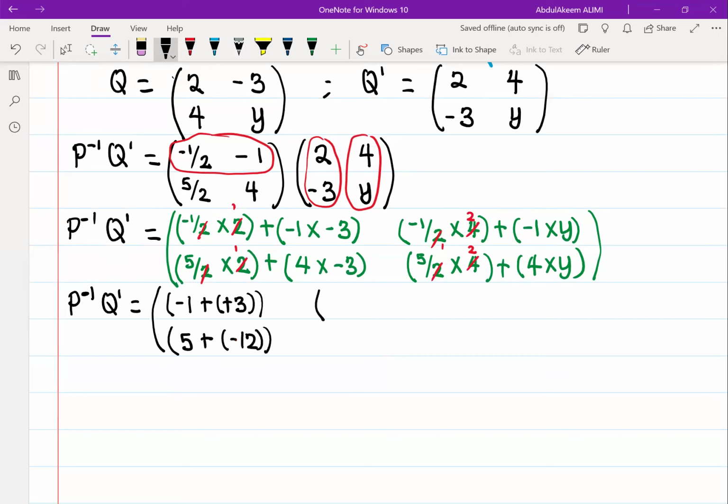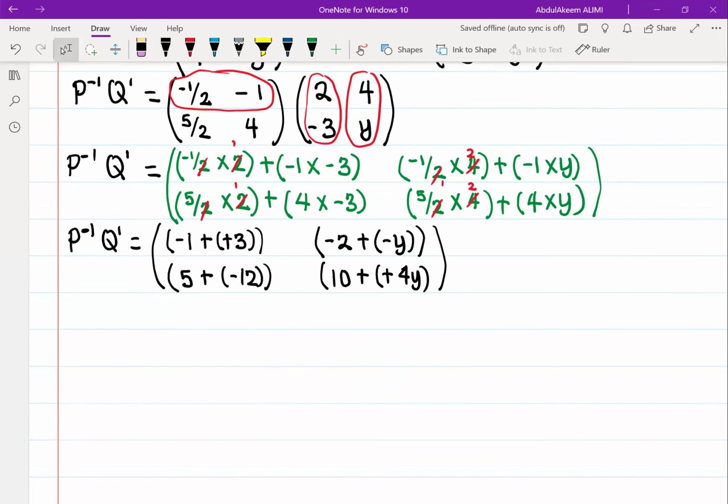This is now minus 2 plus minus y. This is 10 plus 4y. So that's what we have here now.